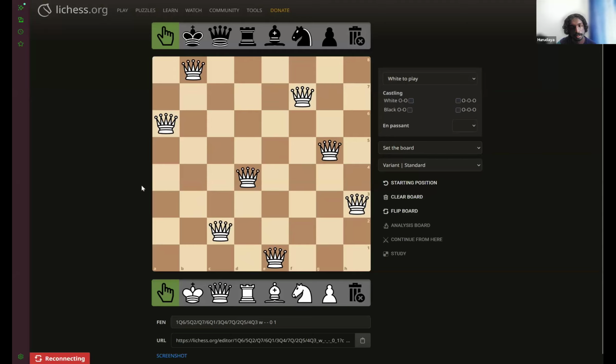Sir, I figured in each column and each row, there's one queen. So if we rotate the rows or rotate the columns, we'll get a new solution, right?